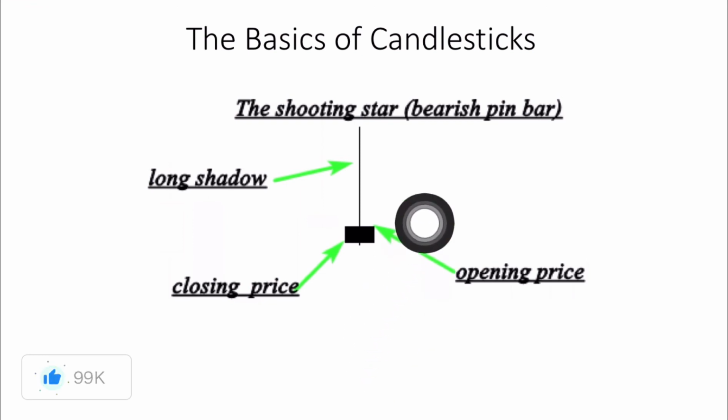This candlestick is characterized by a smaller body and a long upper shadow, or a long upper wick, as you can see. So this is the bearish version of a hammer, or you can say this is just the opposite of the hammer.